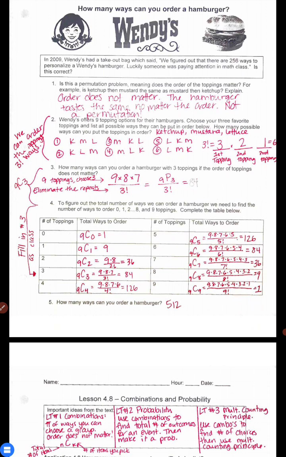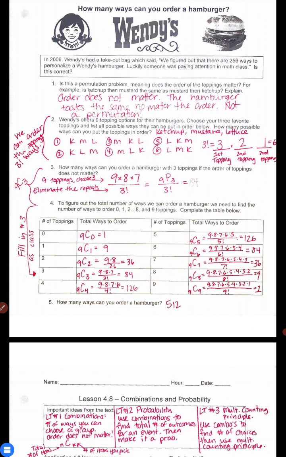Well, does anyone actually care about whether you put the ketchup or the mustard on first? Not really, right? The order doesn't matter in this situation. The hamburger tastes the same no matter what topping I put on first. So this is not a permutation. This is what I would call a combination.